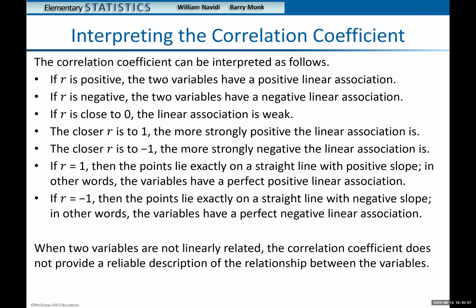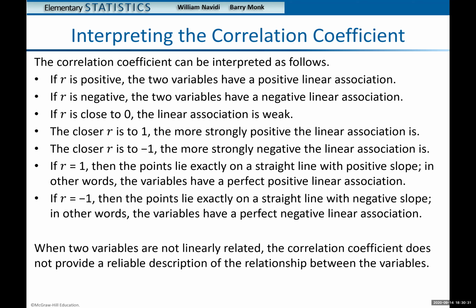If R is negative, then the two variables have a negative linear association. If R is close to 0, then it's very weak. That's why I mentioned earlier that if the points are scattered and you don't see a line, positive or negative, it's weak. Meaning there is no correlation, meaning it's very close to 0.